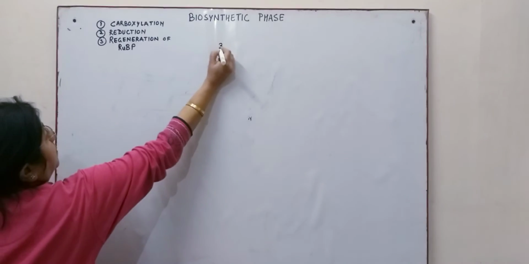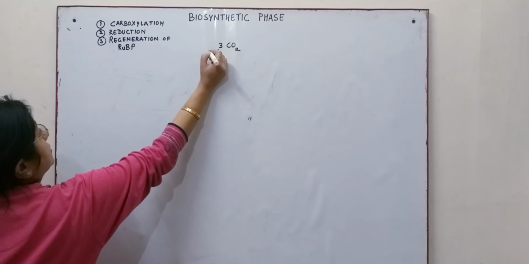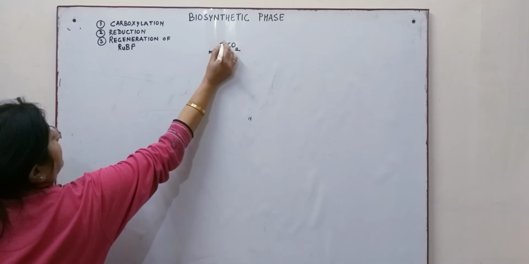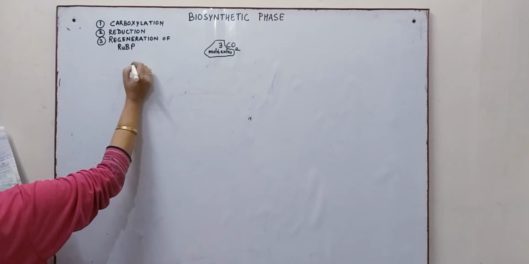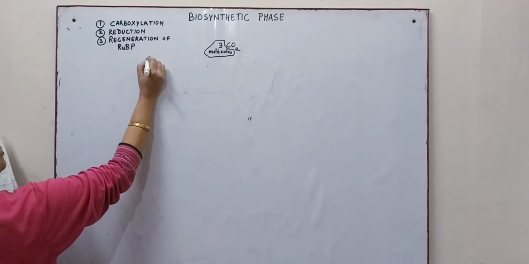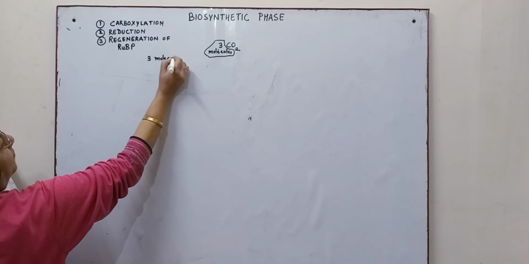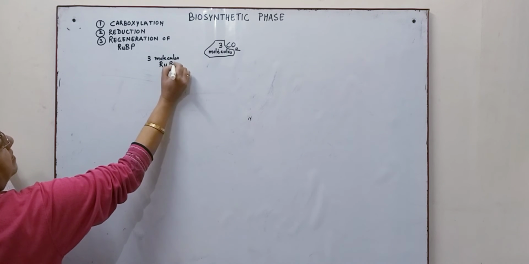So 3 molecules of carbon dioxide combine with 3 molecules of RUBP.